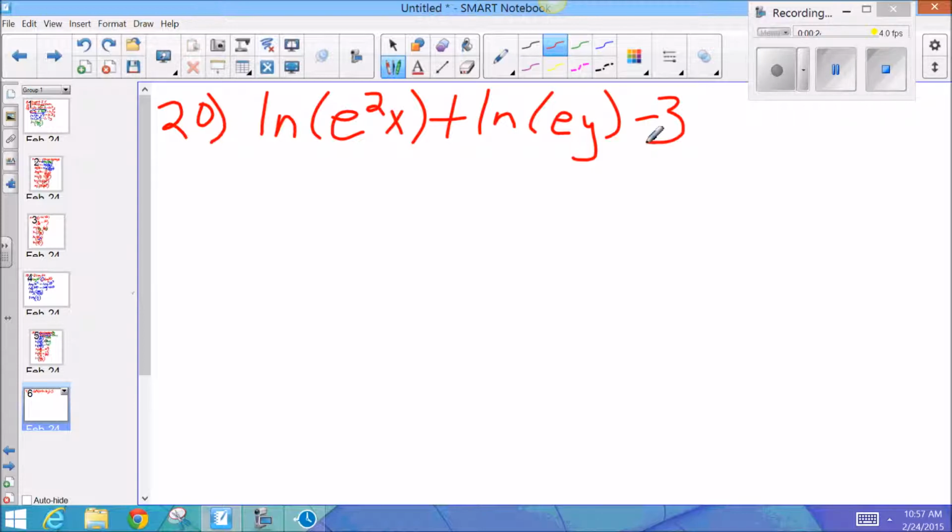All right, first thing I want to do is I am going to take this 3 and I want to put that in terms of a natural log. All right, so I want to take that 3, I'm going to multiply it by 1, and in terms of a natural log that equals 1, it would be the natural log of e. All right, so let's do that.